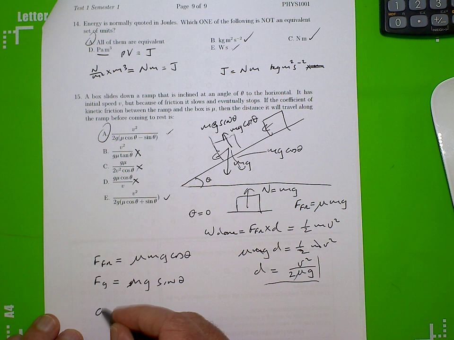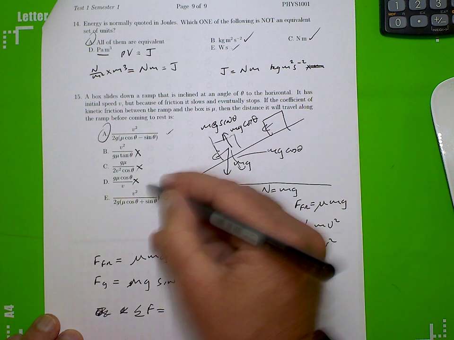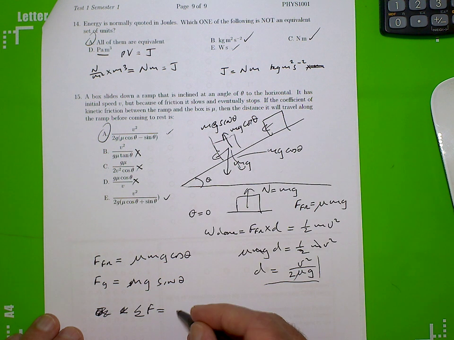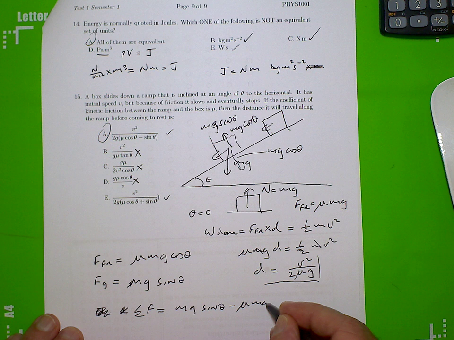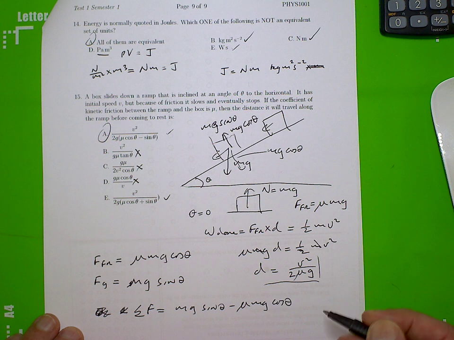So the sum of the forces acting in this direction is mg sine theta minus mu mg cos theta. So therefore the acceleration is g sine theta minus mu g cos theta.